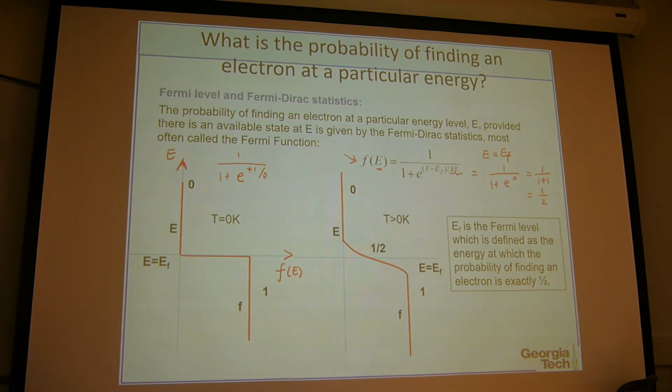Some positive number divided by 0, you will get positive infinity. Positive infinity is a very large number, so essentially it tells you F(E) is 0. This is when E is larger than EF, when T equals 0. So here F(E) is 0.